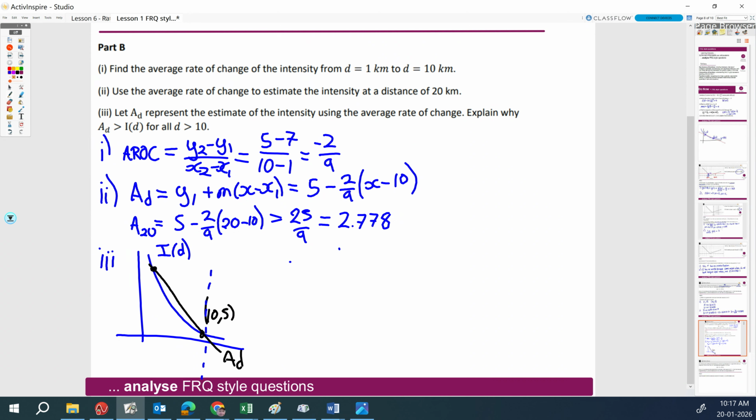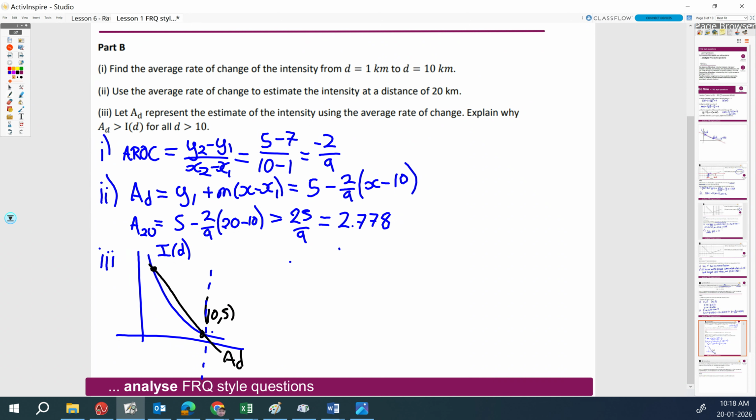Notice that the black line is greater in the interval between them, and it's less in the interval after 10. So you have to mention two things. You have to mention that it's concave up or concave down, and you have to mention that it passes through these 2 points, and then in this case we have to talk about what happens after that point.